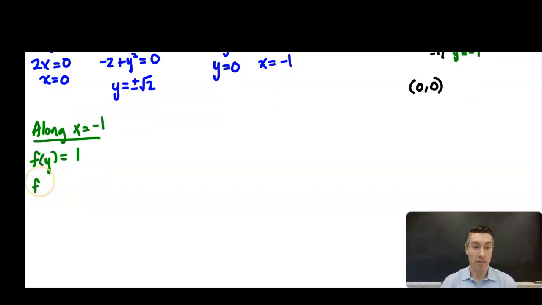Which means that f prime of y equals 0, which always is equal to 0. So this is a constant curve, right? So this is a constant, which means all the points along that boundary are going to have the same output.